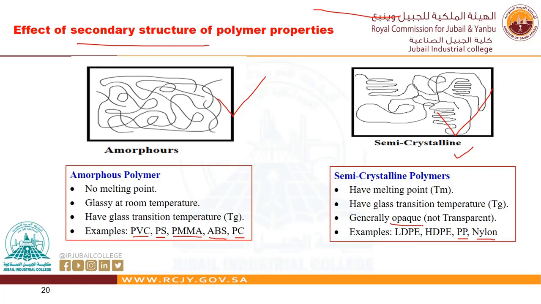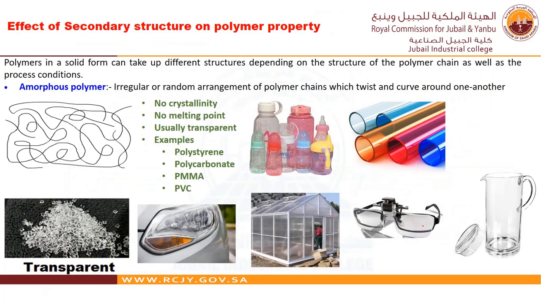They are opaque, but we can make them become transparent. Because of these properties, amorphous polymers have an irregular arrangement of chains, and they are inherently transparent. They are used in applications where transparency is required.